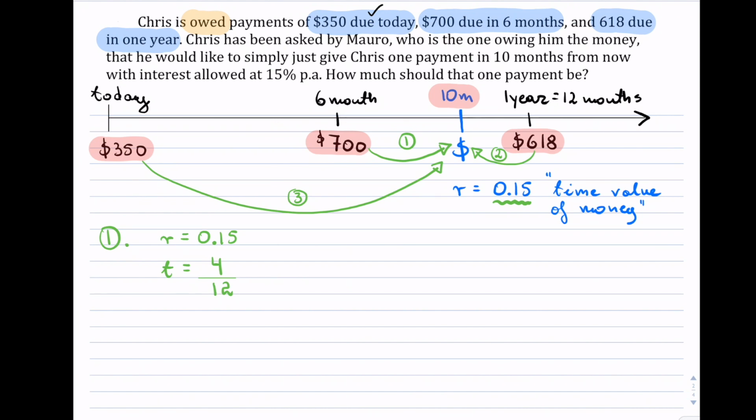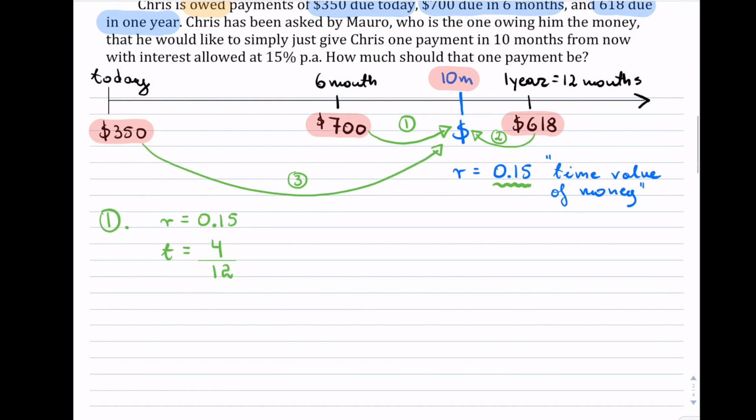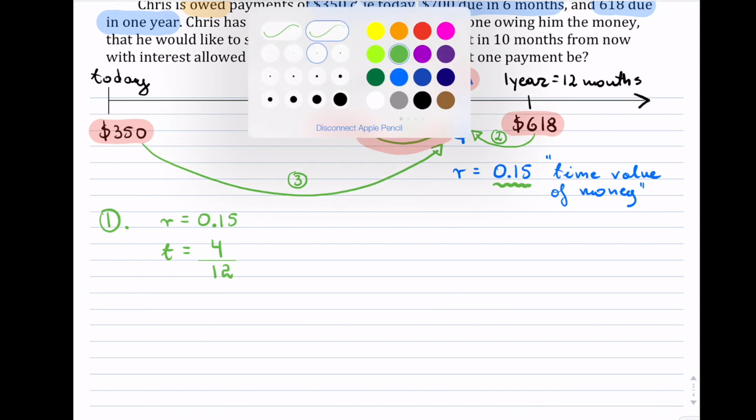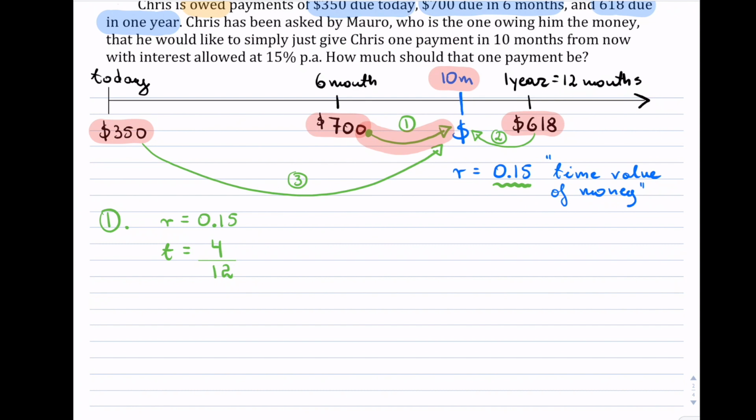That's for that. Now, notice that this arrow right here, what we're doing is we are shifting, and our arrow is forward. And from the introduction, whenever you have an arrow forward, we are going to use our future value because we're moving this into the future.